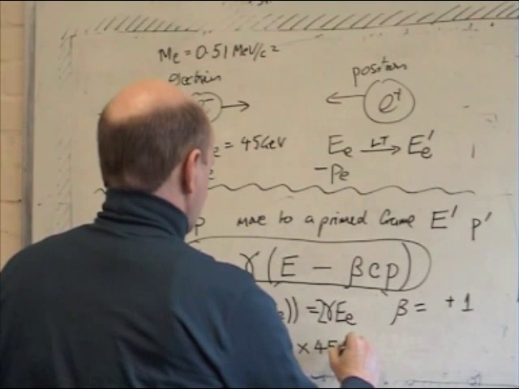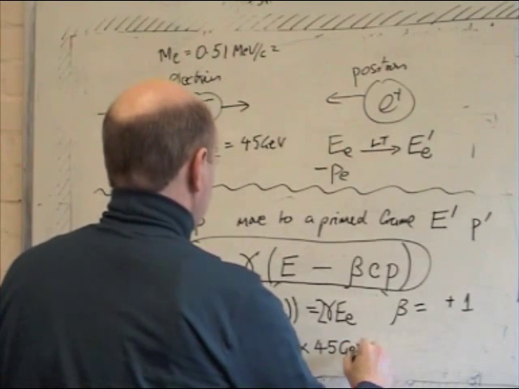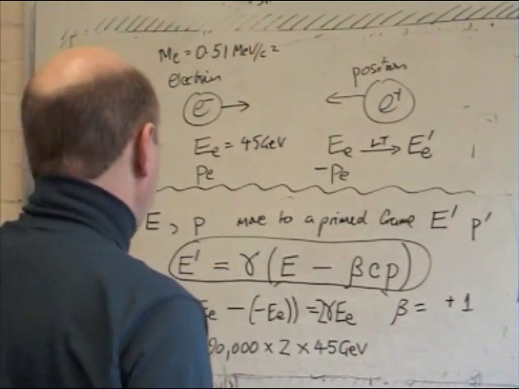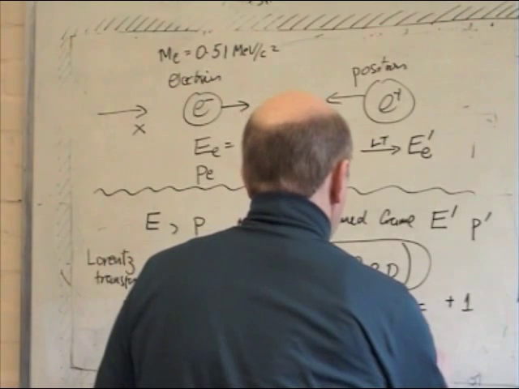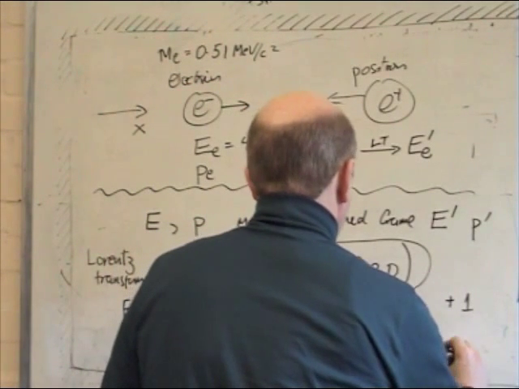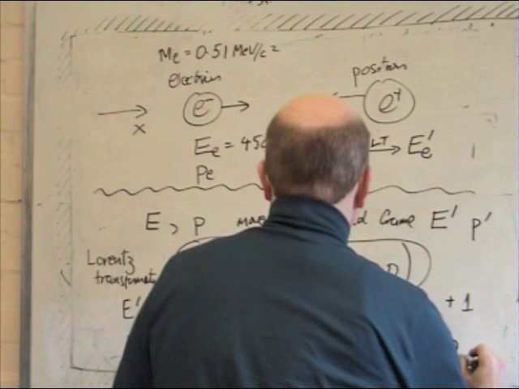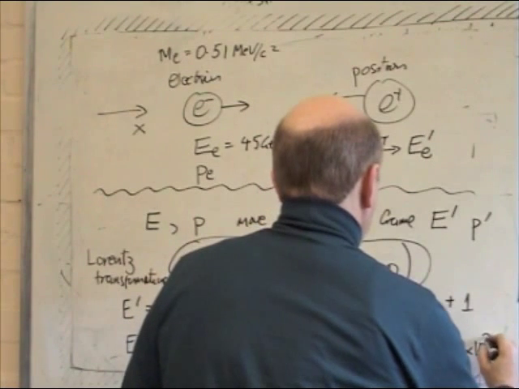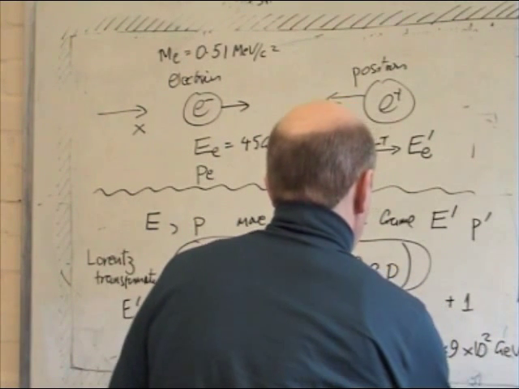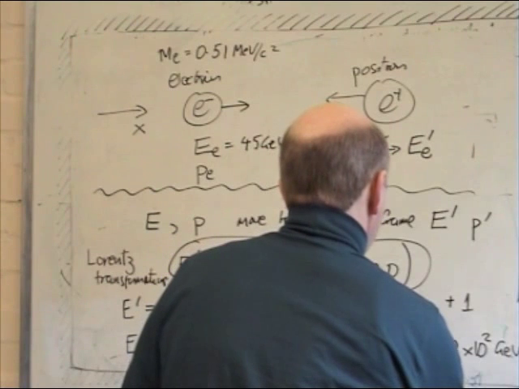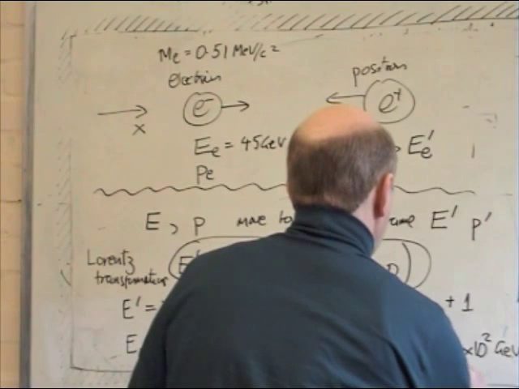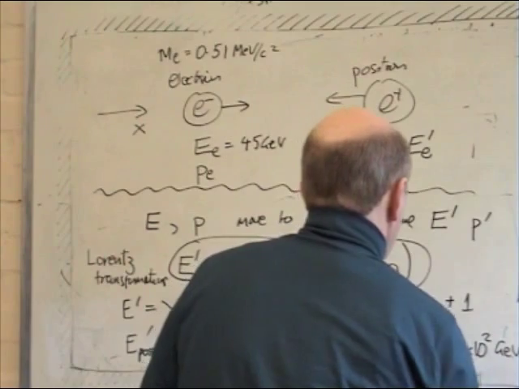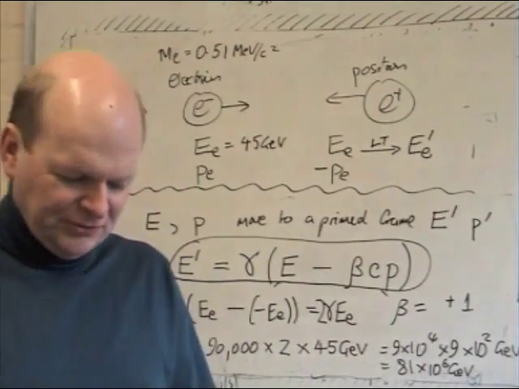45 GeV. So that's 9 times 10 to the 4 times 9 times 10 to the 2 GeV, which is 81 times 10 to the 6 GeV, which is an enormous energy.